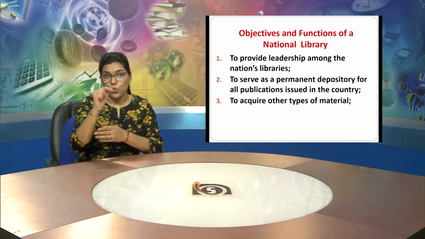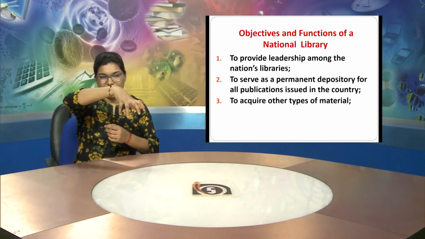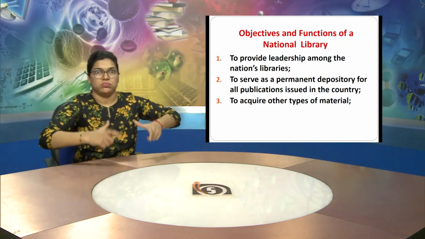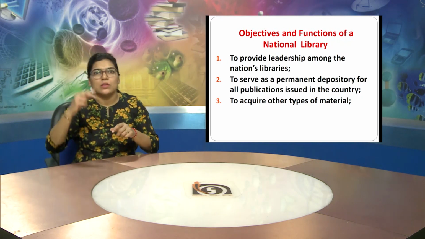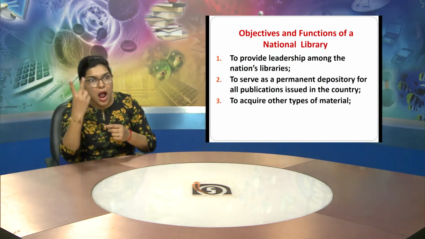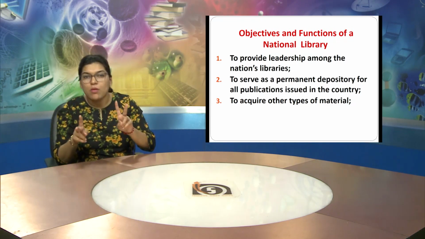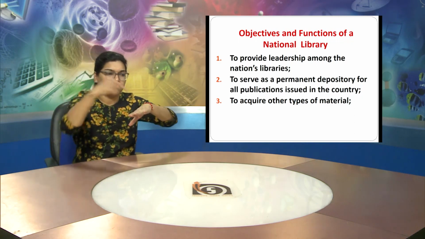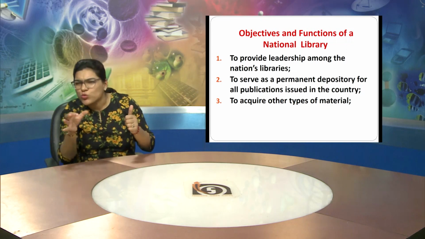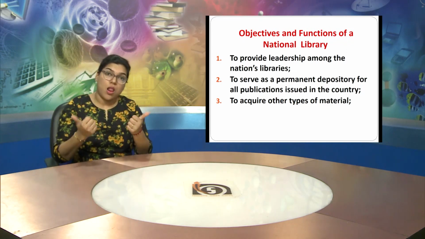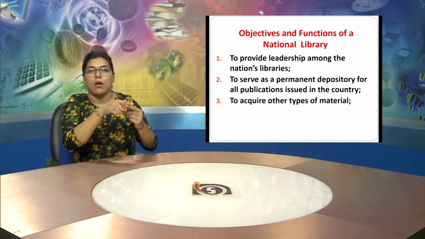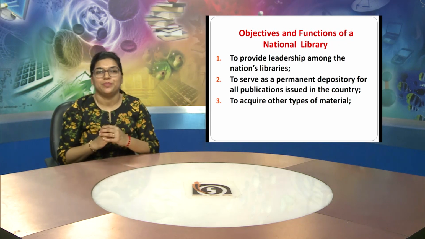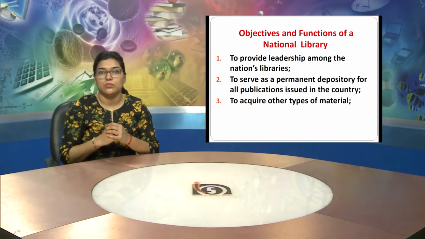The second point explains the objective and function of the National Library as a service of the permanent depository for all publications which are issued in the country. Being the national level library, all the information which is deposited there is a kind of permanent depository.